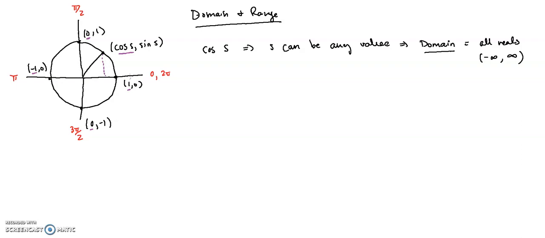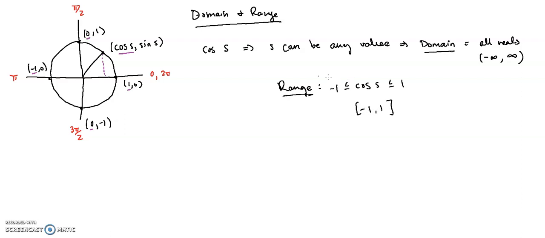So we go from 1 to 0 to negative 1 to 0 back to 1 again, and I never go outside of those numbers. So our output values are everything between 1 and negative 1. So that is our range. Our range is that cosine is always going to be between 1 and negative 1. And so we would say that our range is negative 1 to 1 with square brackets because we actually touch those points, so they're included.